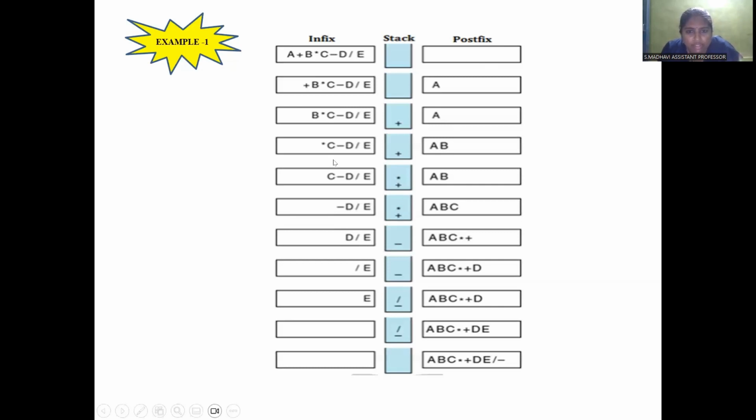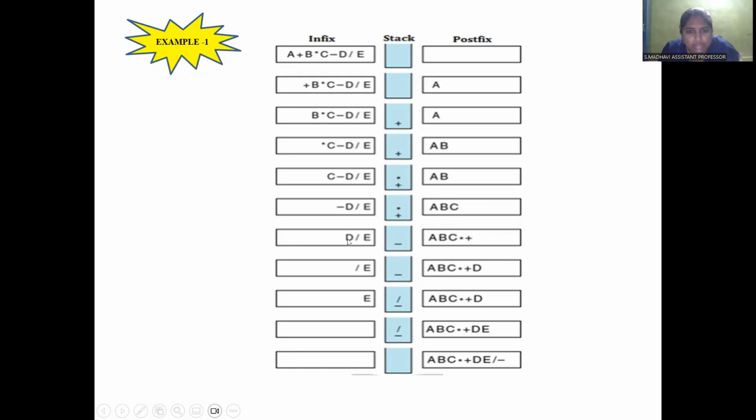If it happens, we have to pop the operators from the stack and push them onto the postfix. So star will be taken out first and pushed onto the postfix. Next, plus will be popped out from the stack and placed onto the postfix. And next, this minus symbol will be inserted onto the stack.